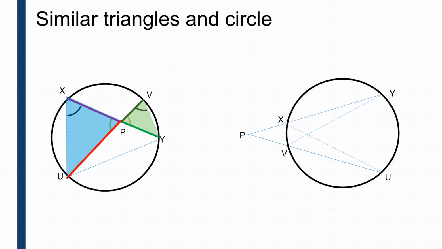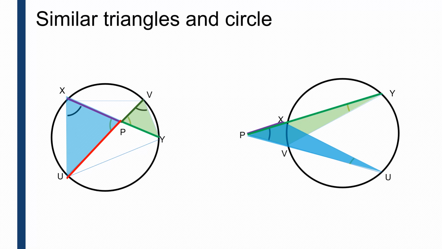Connect X and U, and V and Y. Then angle P is common, and angle PYV is equal to angle PUX since they have the same arc XV. Therefore, triangles PUX and PVY are similar by AA.